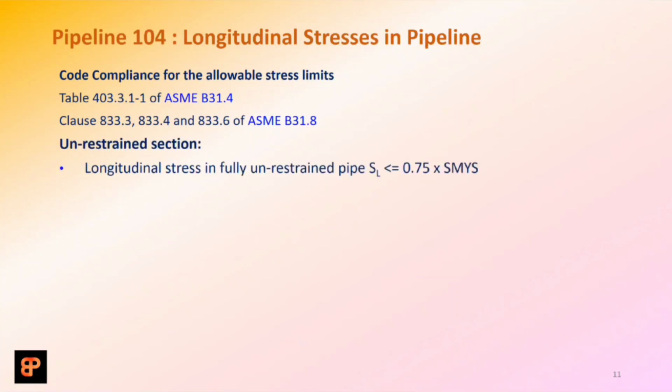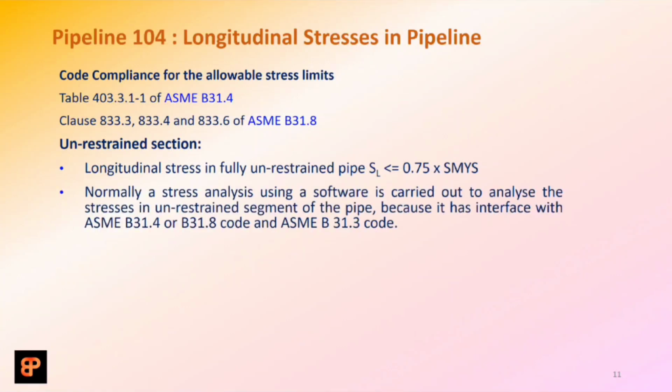For the unrestrained section, the longitudinal stress shall be less than or equal to 75% of SMYS. As I explained earlier, the unrestrained section is also connected with piping or the B31.3 code interface.